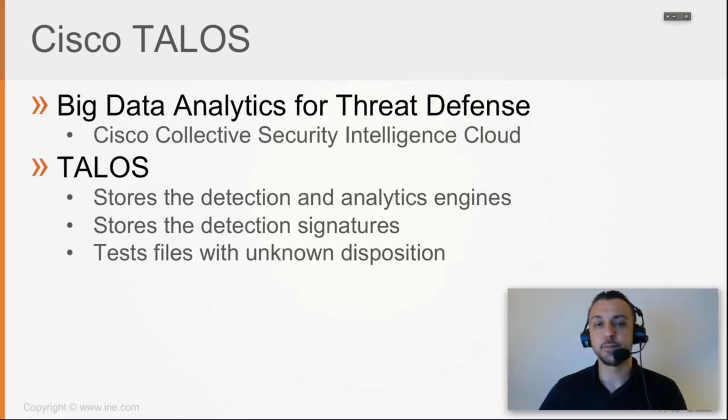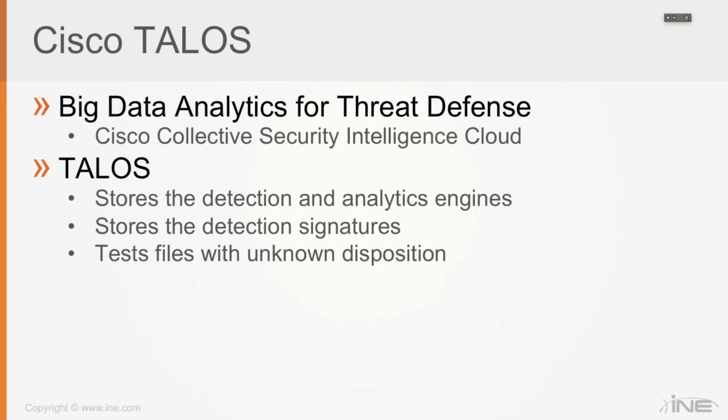So when AMP on the web appliance, email appliance, firewall, or endpoint sees a file being downloaded, if that file is not known malware, then it's going to upload it to the cloud. The cloud is then able to detect, based on its intelligence and through advanced sandboxing techniques, if this is clearly malware but was unknown before.